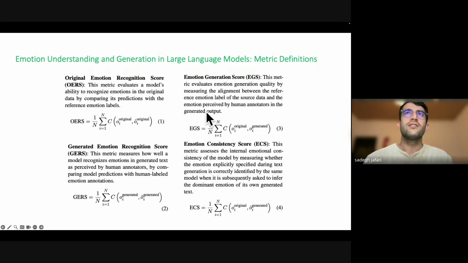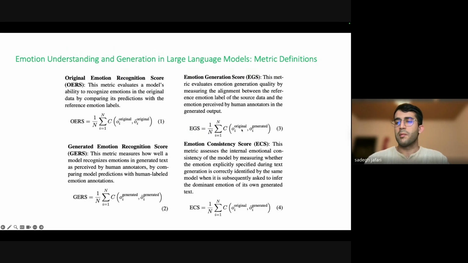So we defined 4 different metrics here for measuring this idea. Here, original emotion recognition score means testing or validating the original unique dataset, where we compare the original emotion with the predicted one using different LLMs. This is emotion generation score.